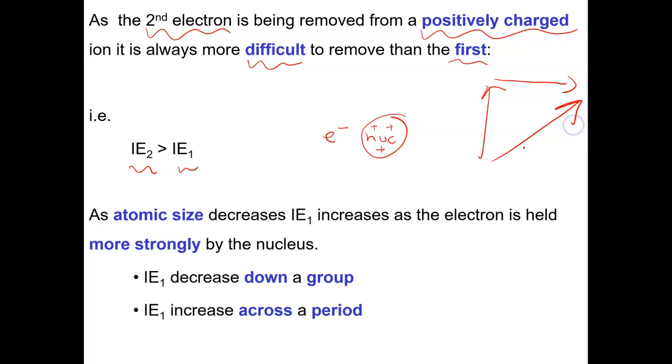So IE1 is going to increase as we head to the top right corner of the periodic table. So just summarizing, IE1 will get smaller as we go down a group, or it will increase as we go up a group, and IE1 will increase as we go across a period because the atoms get smaller as we go across a period. So smaller atoms equals bigger IE1.